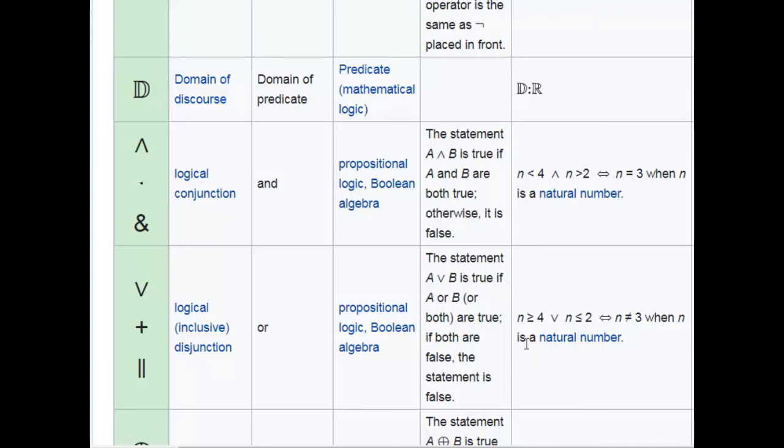For example, n is greater than 4 or n is less than 2. It's equal to n is not 3. It's not equal to 3 when n is a natural number, because we only get 3 here. Between them we have "or", the symbol "or". It means n is not equal to 3.